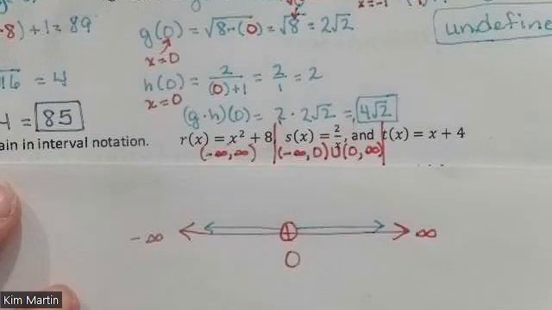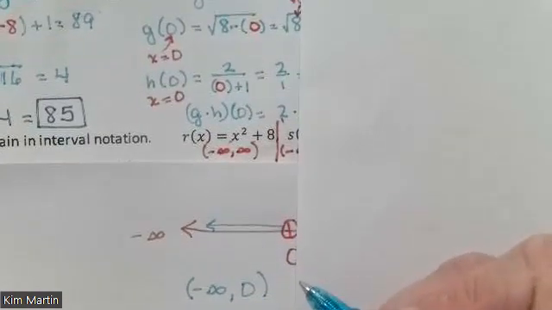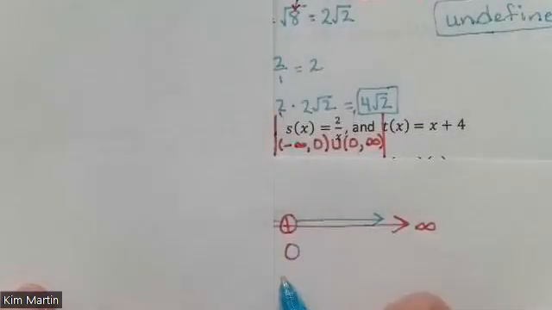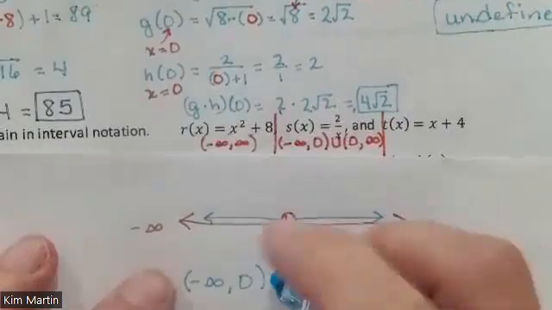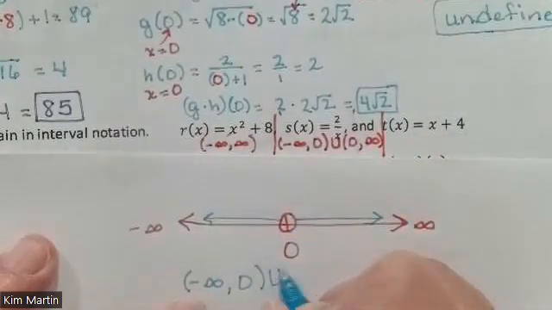To do interval notation of that part, you would say negative infinity to 0, and to take it out because it's an open circle, you put a parenthesis. If it was a filled-in circle and it was okay for it to be 0, you'd put a bracket. Then to do this side, you would say parenthesis 0 to infinity. And the only thing you have to do is put a union between them, because it can be this or it can be this.